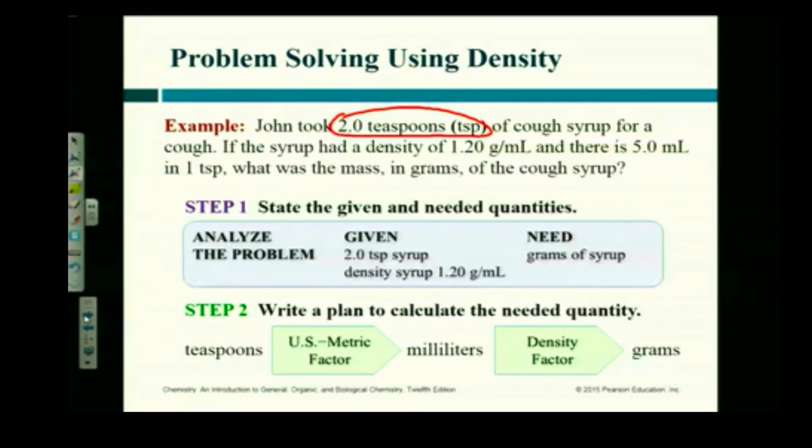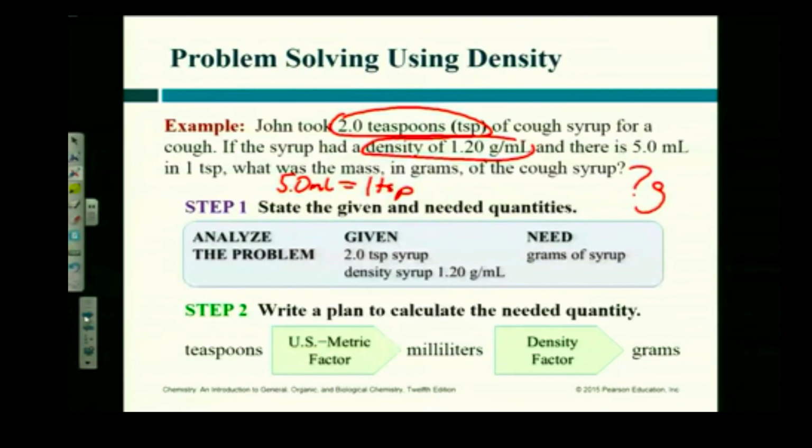The syrup had a density of, that might be important. And there is 5 milliliters in 1 teaspoon. So what is that telling me? It says 5.0 milliliters equals 1 teaspoon. So I rewrote it mathematically. The rest of that stuff, and then it asked me how many grams.